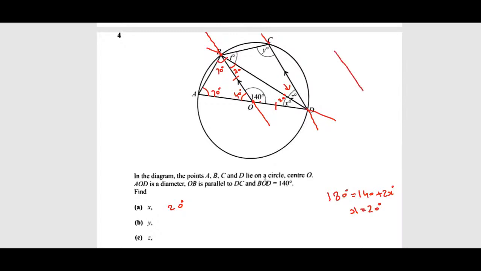So let's say I have two parallel lines and they are being cut by a transversal line. So what do we know? This angle is 20. What would be this angle? Okay, 20. This angle is 20.